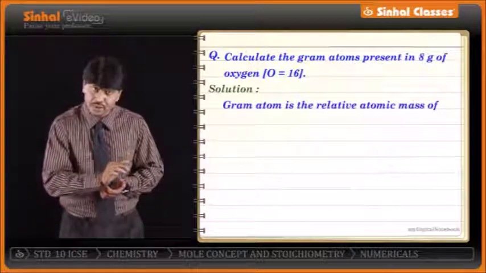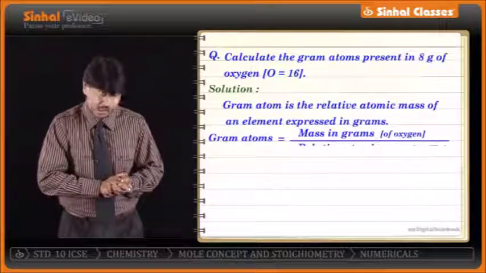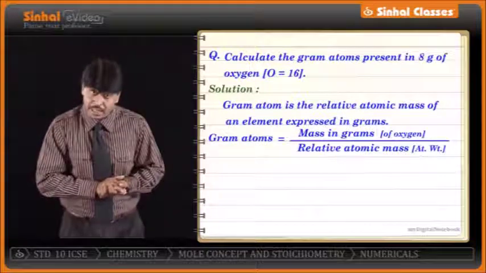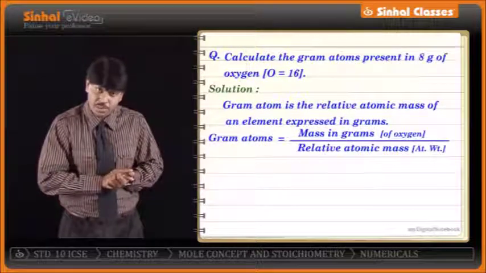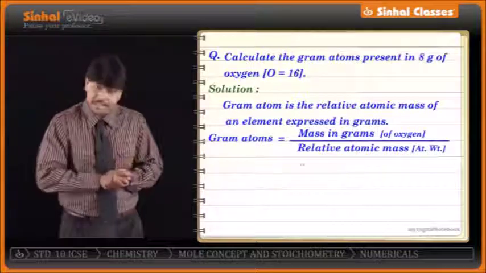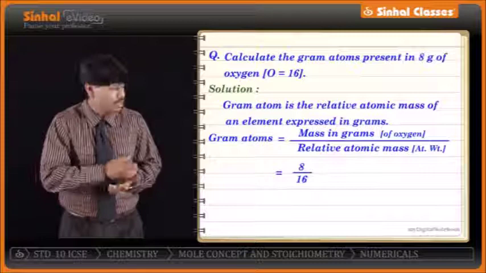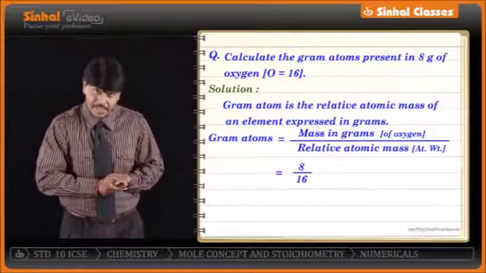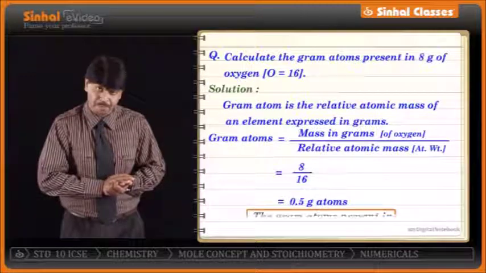Gram atom is equal to the ratio of mass in grams given divided by relative atomic mass. In this case, mass is given to us, that is 8, and the relative atomic mass of oxygen is 16. So 8 divided by 16 is equal to 0.5 gram atom.